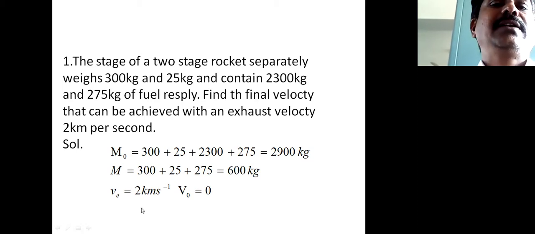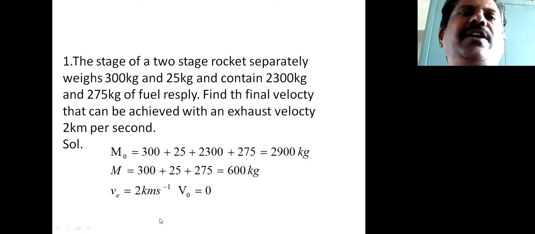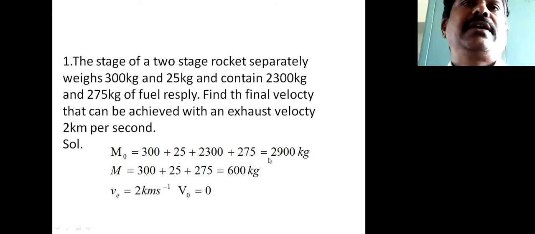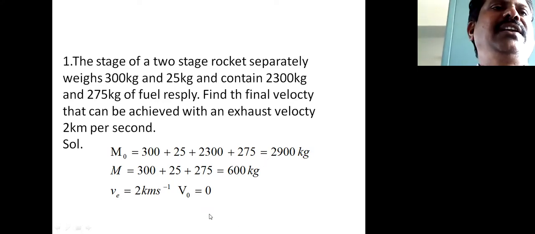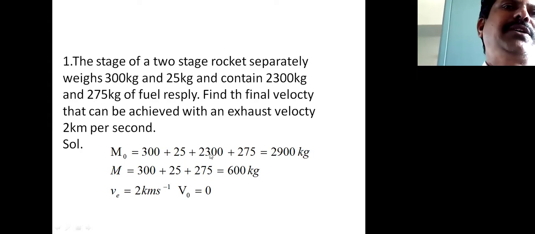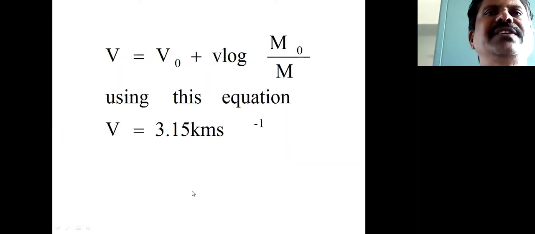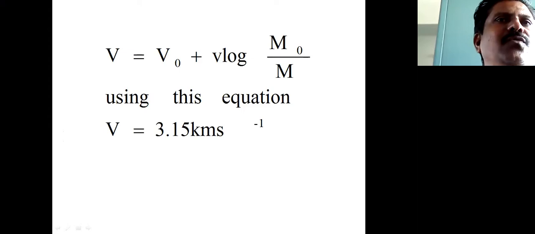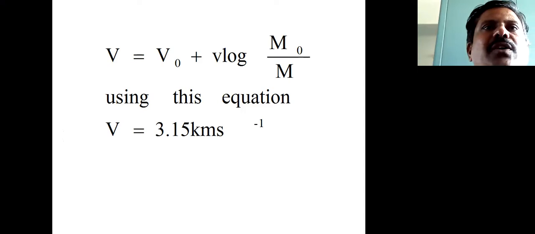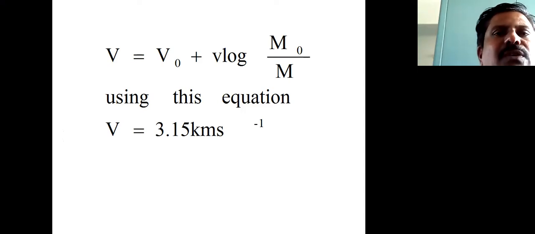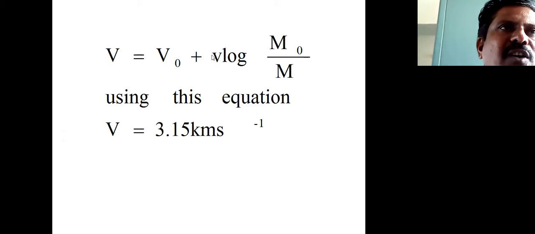So next, the initial mass of the rocket becomes this much, and the initial velocity of that rocket becomes zero. After knowing all these things, we know the formula: v equals v naught plus small v log of m naught divided by m. Substitute the value of v naught as 0.